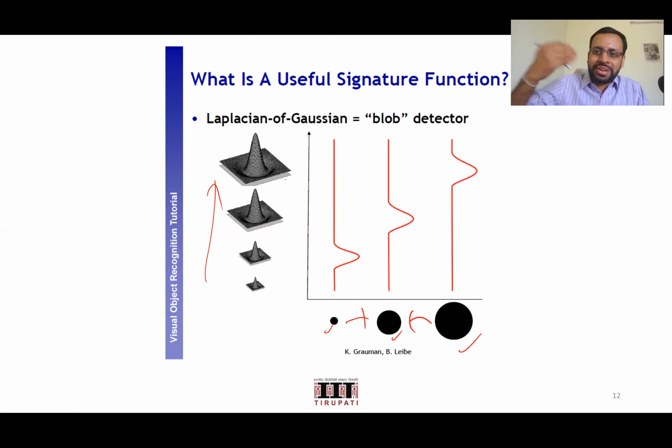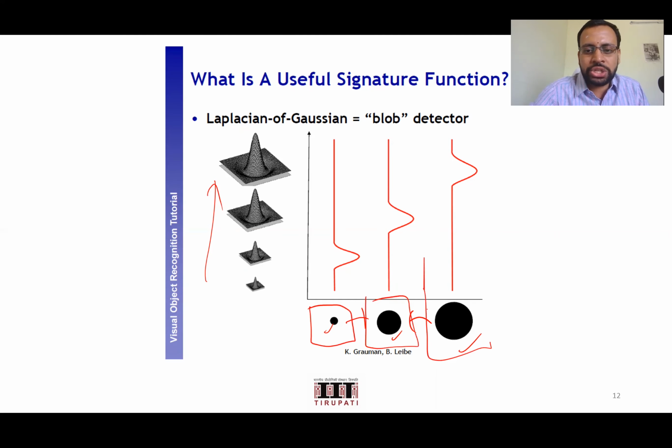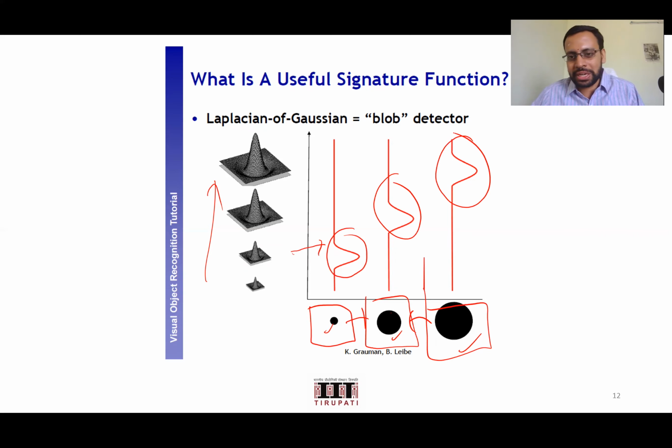You are increasing the variance, and then convolving with an image that has just this thing, assume that the patch you have taken is just this thing. Then what would happen? At this scale, if you are getting a peak here, for this image at a higher variance you get the peak here, and even at a higher variance you get this peak here.